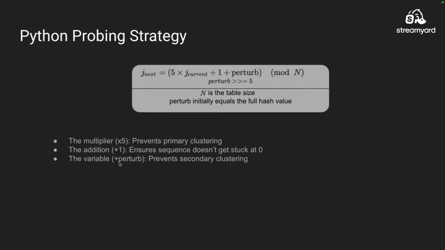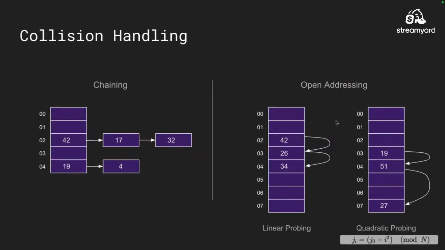Then we have the variable, which is perturb. So this prevents the secondary clustering that we talked about. Since perturb is equal to the hash value, if we go back to this, secondary clustering is this. So perturb is basically the hash value. Secondary clustering can happen if 51 and 27 were using the same jumps, right?